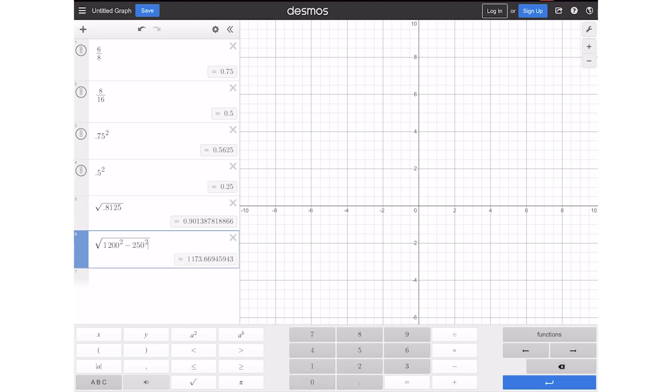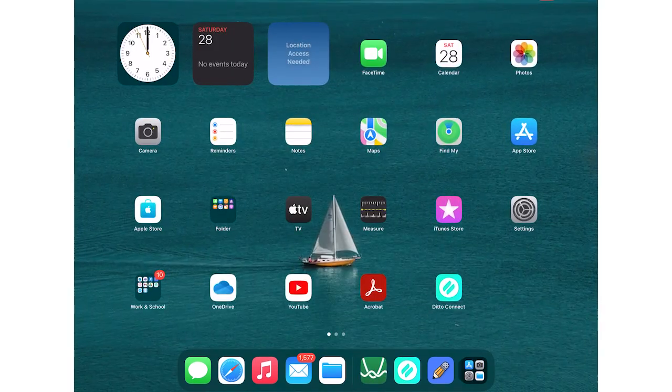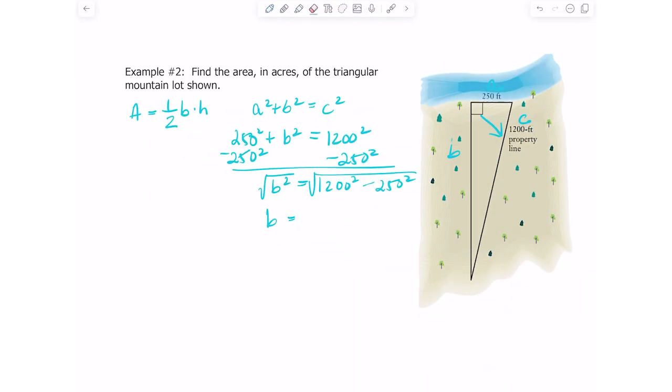And I end up with 1173.6, etc. So we'll make that about 1174. Okay, so it's approximately 1174. And of course it's feet, right? So I just found the height now.